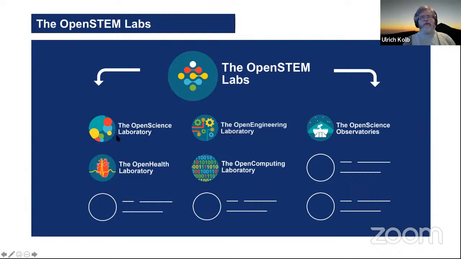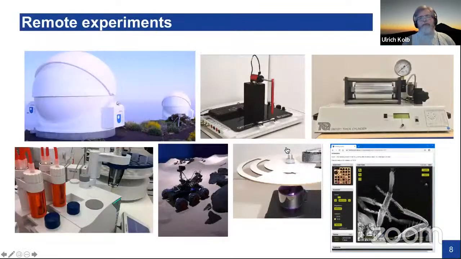There are other similar entities under the umbrella of what is called the Open STEM Labs. And for instance, the Open Engineering Labs, the Open Computing Lab, the Open Health Laboratory. And initially there was the Open Science Laboratory, which had all of these components and is now being distributed to these more specialized entities. And what does that mean in practice?